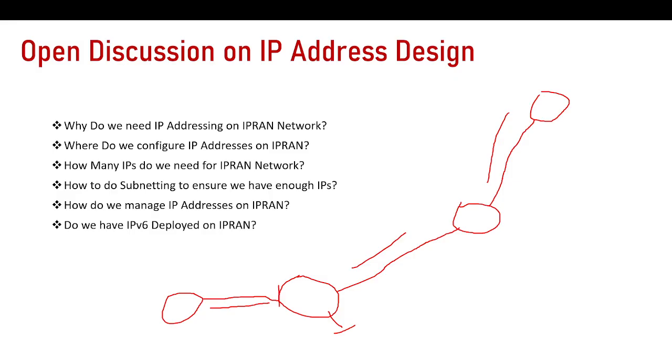You will need to integrate a new link, you will need to integrate a new node in the network. So you always have to be able to manage these IPs properly so that you know which ones are used, which ones are free, and you are able to allocate new IPs very easily without causing IP duplicates in the network.